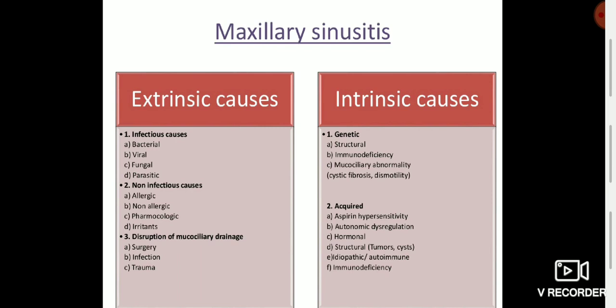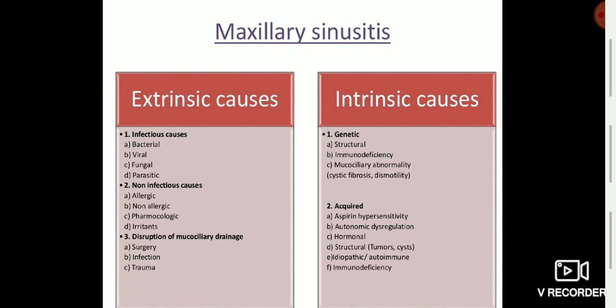And you have non-infectious causes, those are allergic, non-allergic, pharmacologic and irritants. Next you have disruption of mucociliary drainage, either due to surgery, infection or trauma. Coming to intrinsic causes, under this you have genetic and acquired.